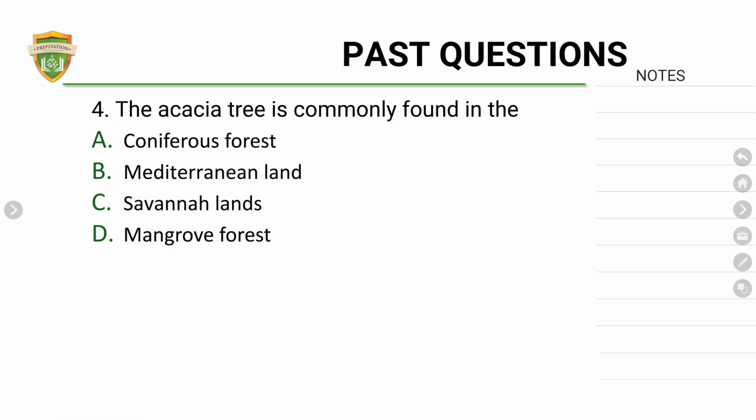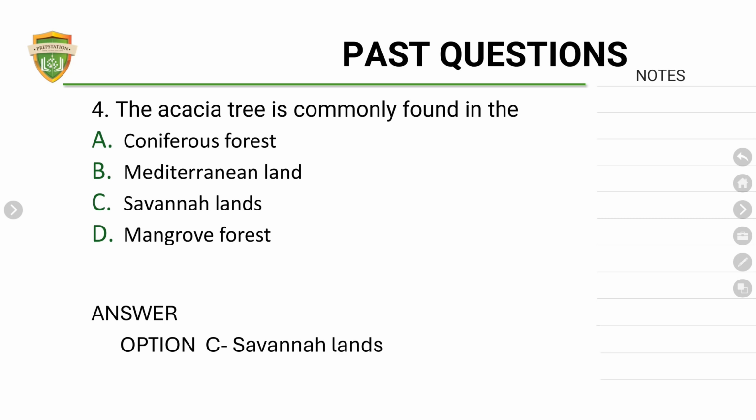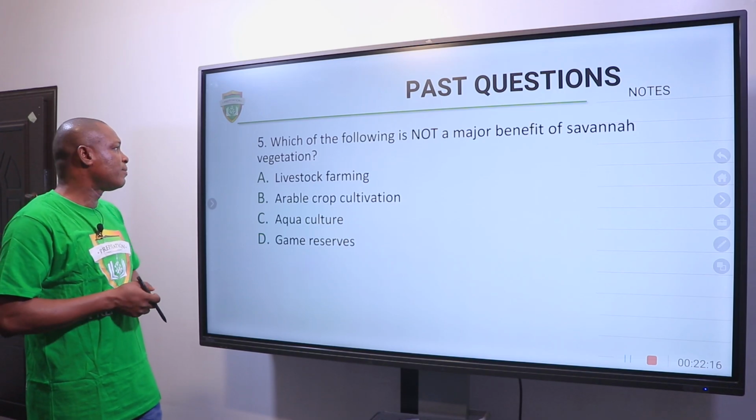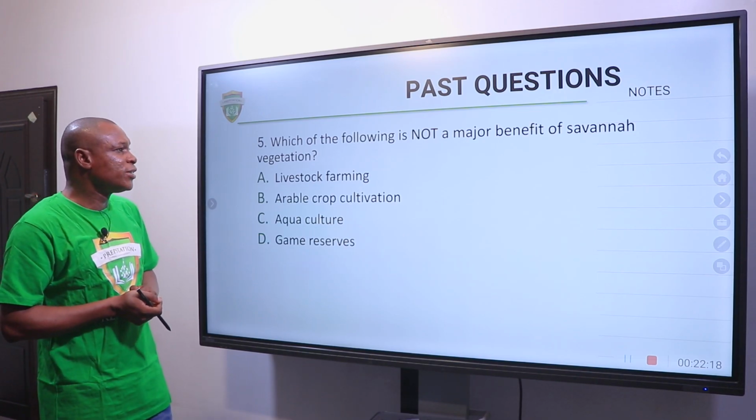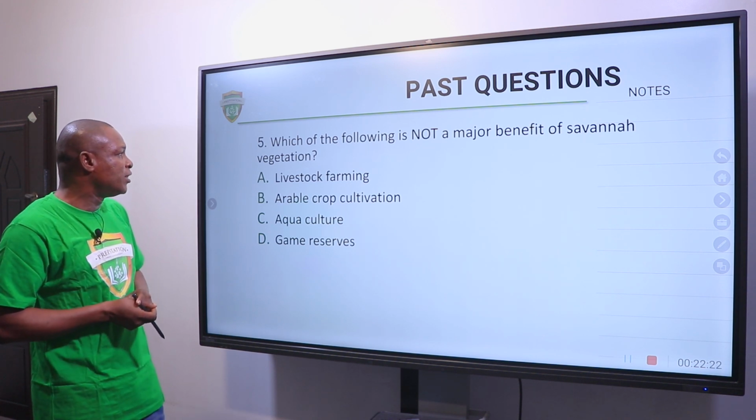Number 4, the acacia tree is commonly found in the A, coniferous forest, B, Mediterranean forest, C, savanna, D, mangrove. Number 5, which of the following is not a major benefit of savanna vegetation?